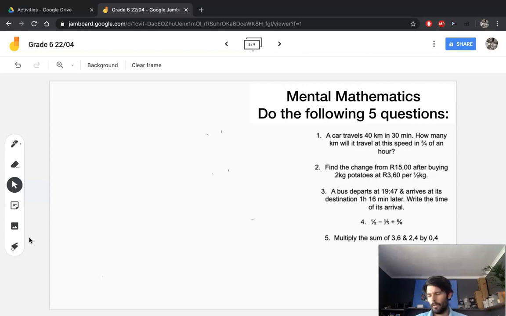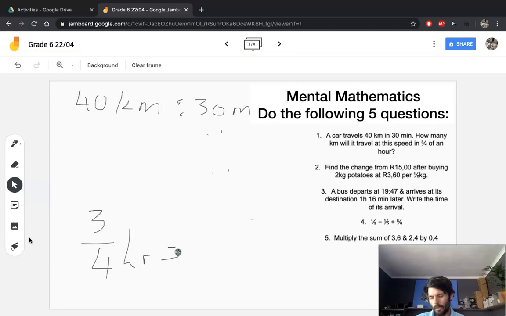So if I've got 40 kilometers in 30 minutes, and they want to know how many kilometers it will travel at this speed in 3/4 of an hour, the first thing I need to recognize is 3/4 of an hour equals 45 minutes.